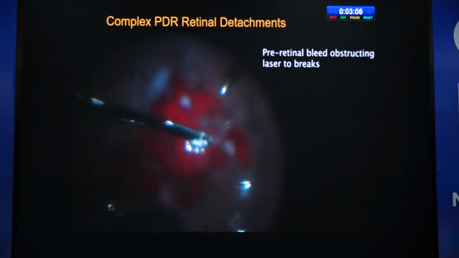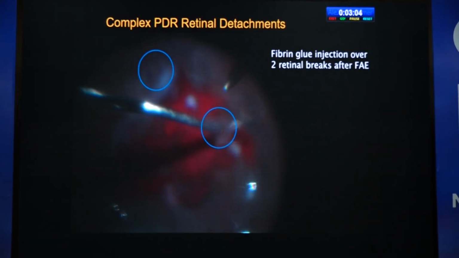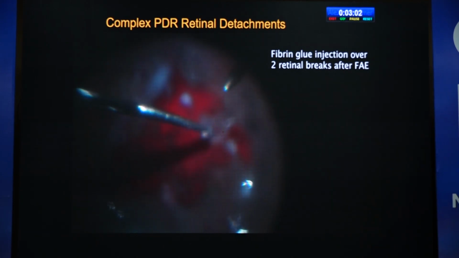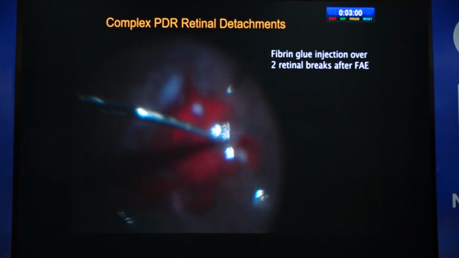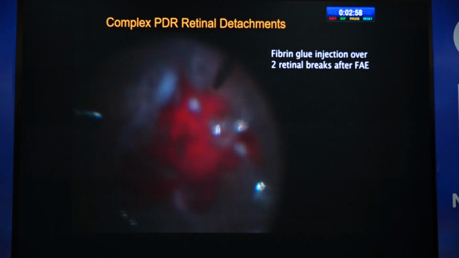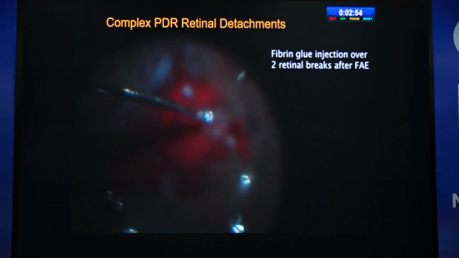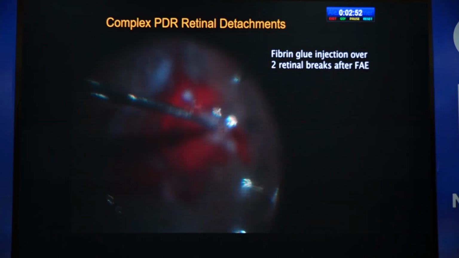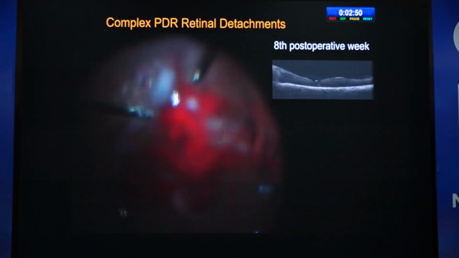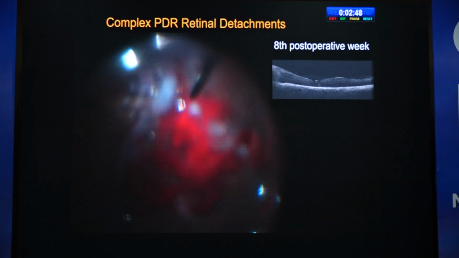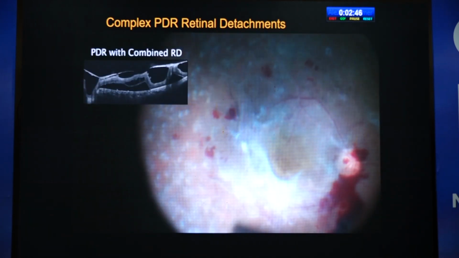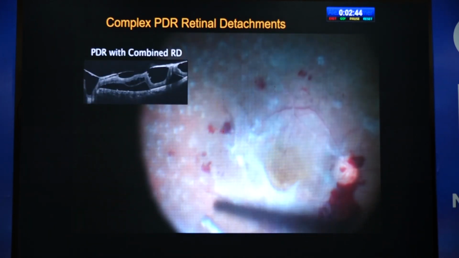Similarly, a second case, again bleeding during surgery, which is not allowing laser for the breaks. So the two components of the glue, fibrinogen and thrombin, are injected sequentially, one after the other. Preferably the more viscous one should be injected first, but either can be injected first with good results. This is a third case.